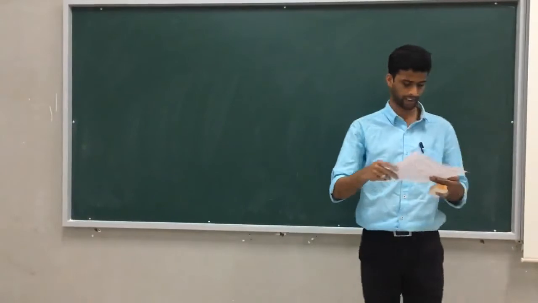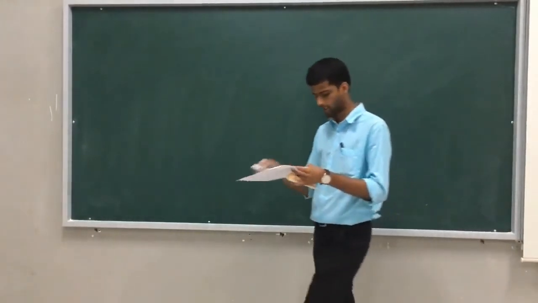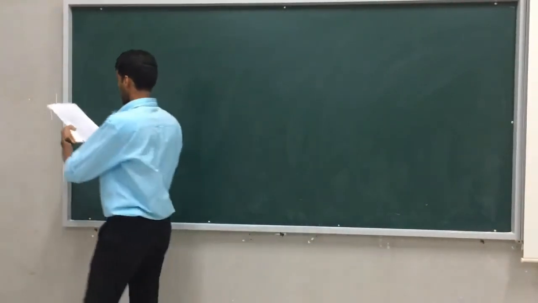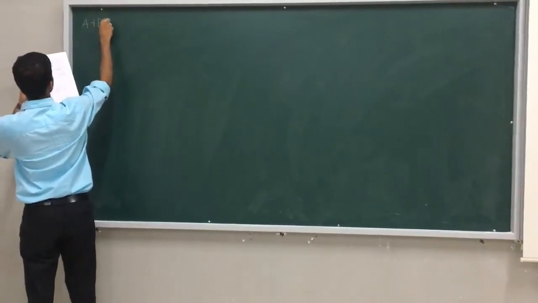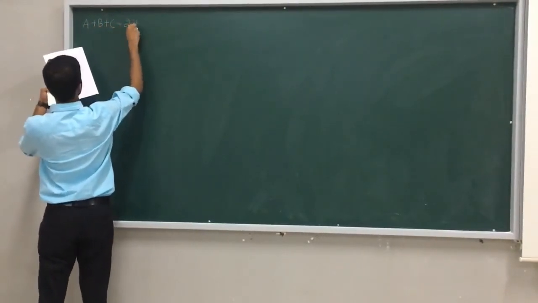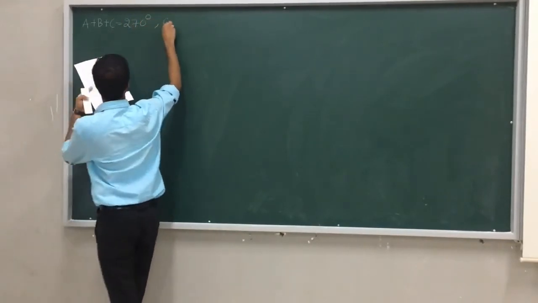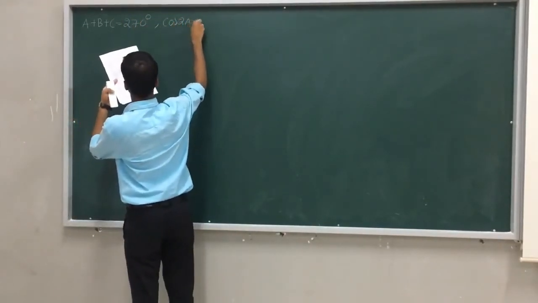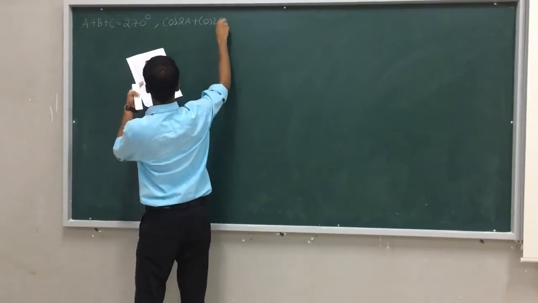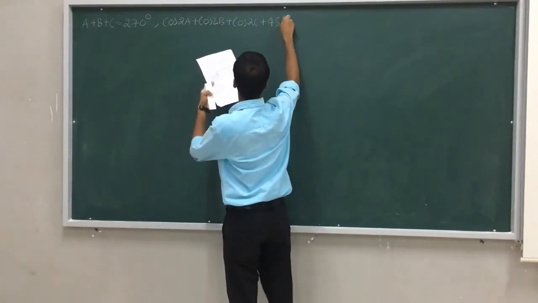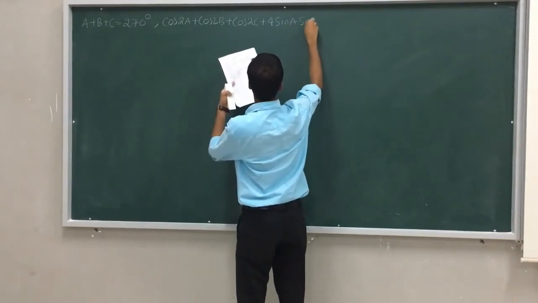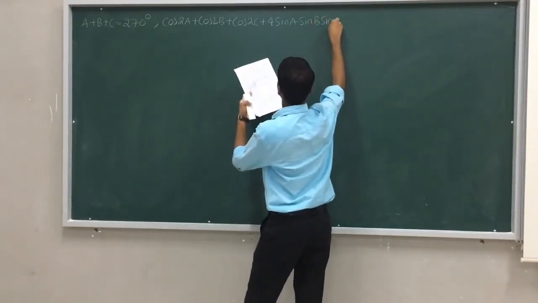Now we discuss the next question, that is 28. So what is given here? If A plus B plus C is 270 degrees, what is the value of cos 2A plus cos 2B plus cos 2C plus 4 sin A sin B sin C?